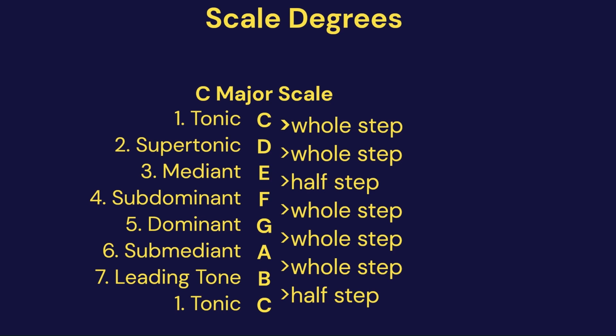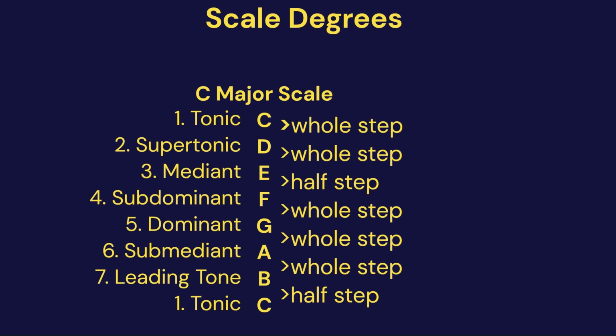So basically, you get a full idea where Roman numerals come from, like the first, the second, the third, the fourth, the fifth, the sixth, and the seventh. Now, I have to tell you one thing about the leading tone.